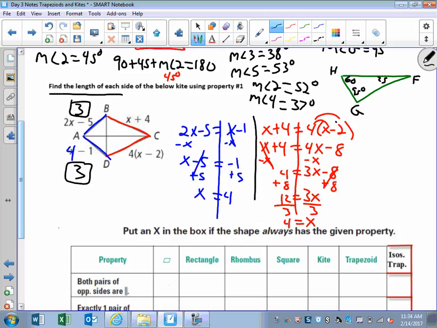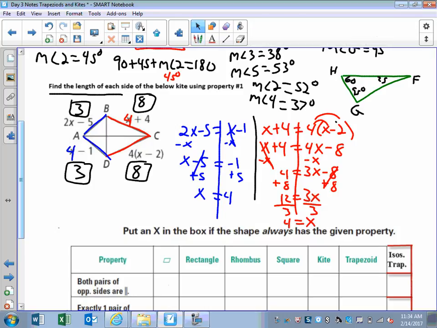That's why they're both blue. Over on the red side, we can plug 4 in for x here. And that's easy. 4 plus 4 is 8. And we know if that side is 8, then this other red side down here has to be 8. So we got 3, 3, 8, and 8 for our sides. So that's the relationship of the sides of a kite.